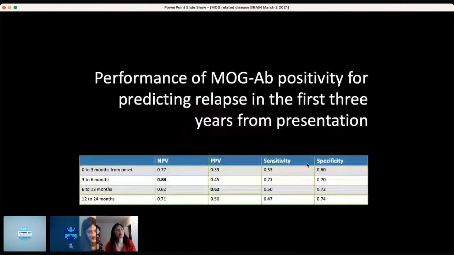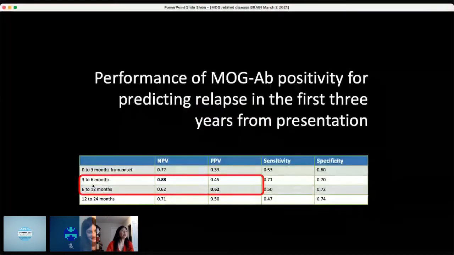And going back to the question of how relevant positivity is for predicting relapse, what we see here is that if you are negative by 3 to 6 months, the negative predictive value for relapse, meaning the lack of relapse in the future, is high. Whereas if you remain positive for 6 to 12 months, it is going to be more highly predictive.